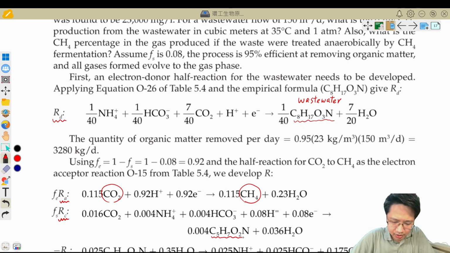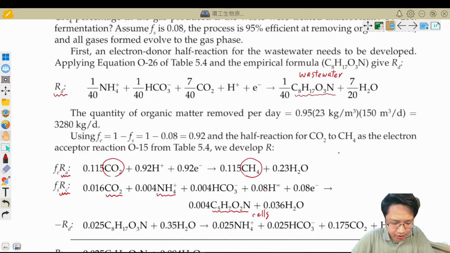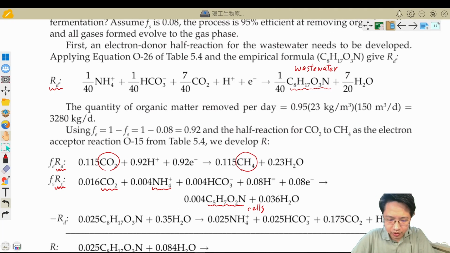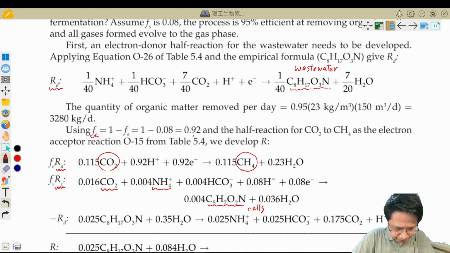They synthesize the bacterial cells, also from the CO2 and the ammonia as the nitrogen source. For the overall reaction, they assumed Fe would be 0.92 and Fs will be 0.08.